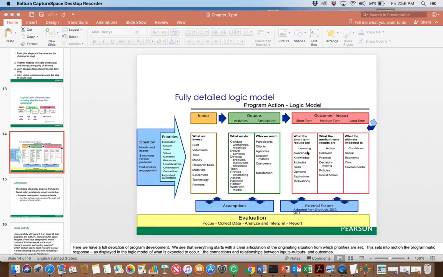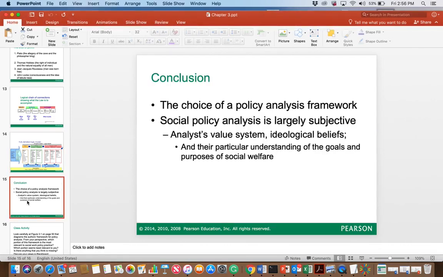This is basically an example of a logical model, right? How you think through problems from left to right to evaluate what the problem is. In this case, I'm only asking you to use the Karger and Stoesz model that I discussed earlier on. And finally, the choice of policy analysis framework. Social policy analysis is largely subjective.